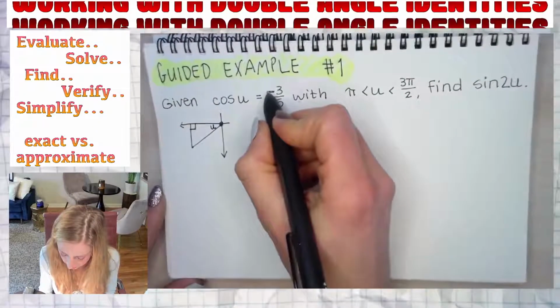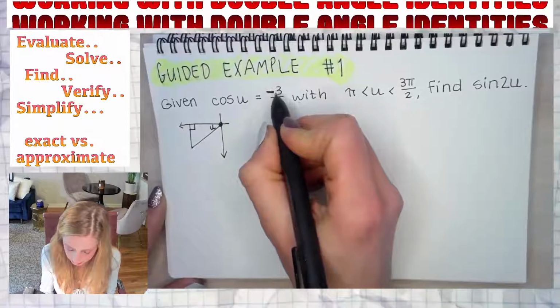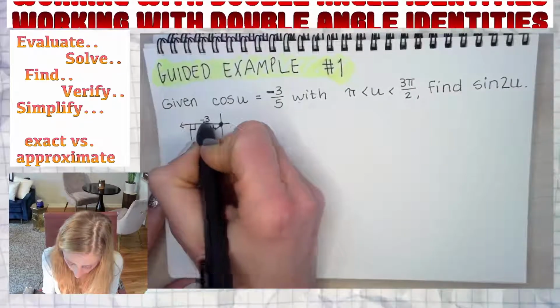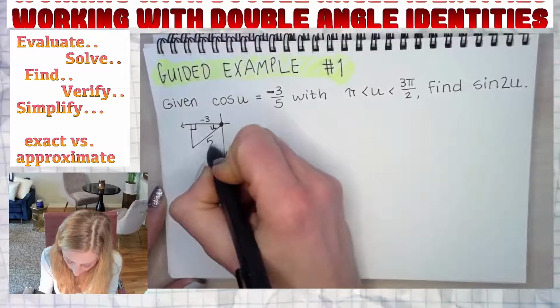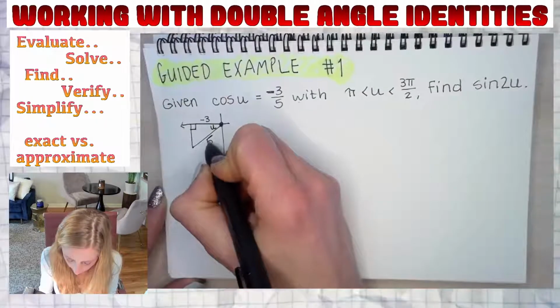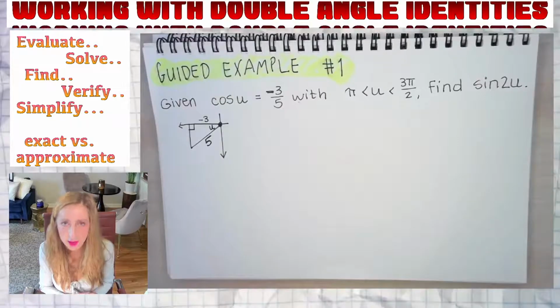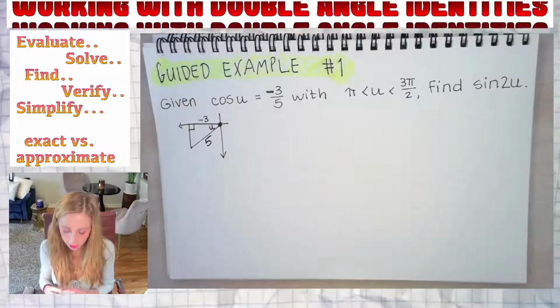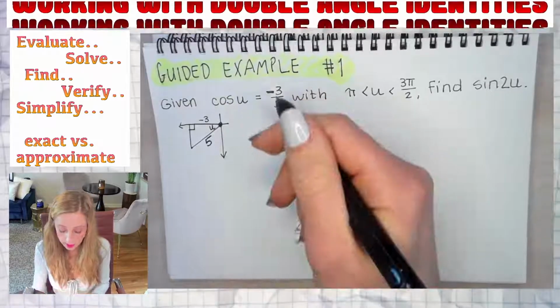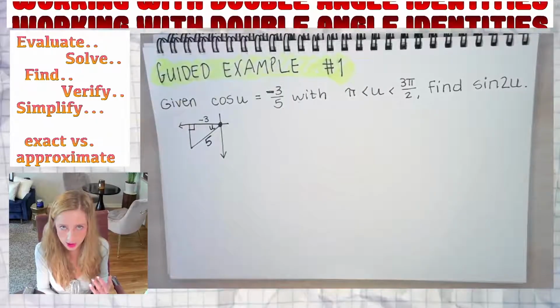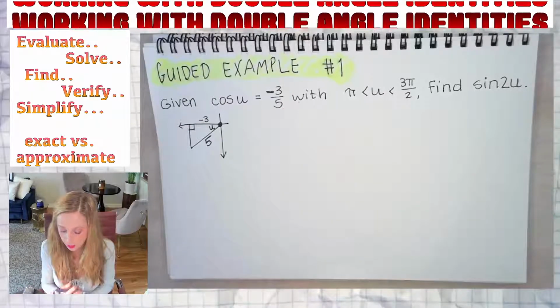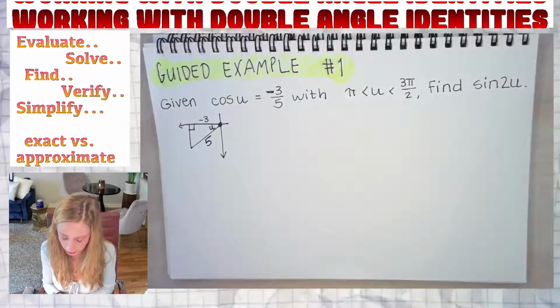Using SOHCAHTOA, this is adjacent, -3, over hypotenuse, 5. You also want to remember that the hypotenuse is never negative. So the negative sign in any of these ratios will always go with either adjacent or opposite, if not both, depending which trig function you're working with.